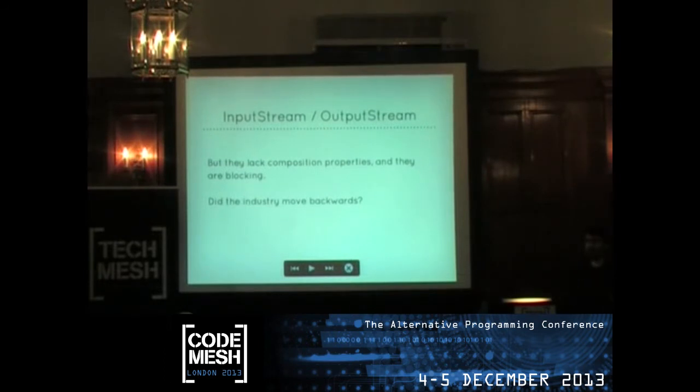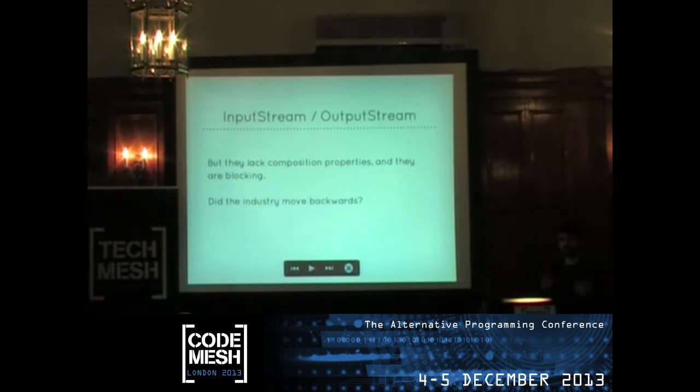Now, in the Java world, on the JVM, we got the input-output stream. Well, input-output streams are kind of nice. They provide an abstraction on top of getting data in and getting data out, which is nice, right? The only problem is they have two problems.